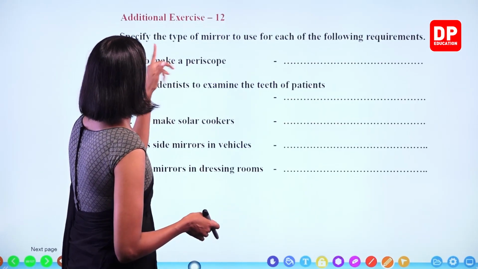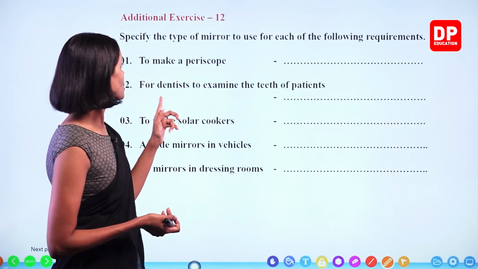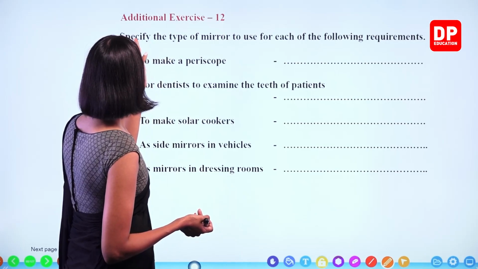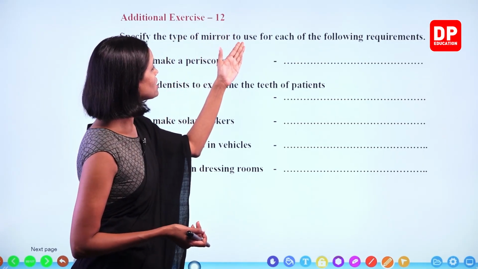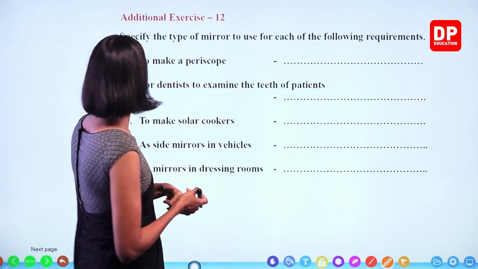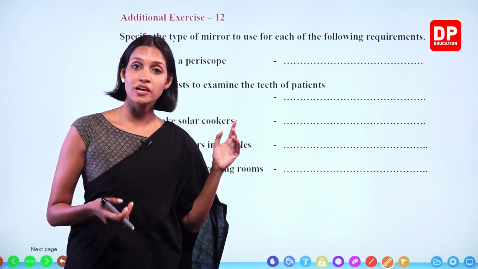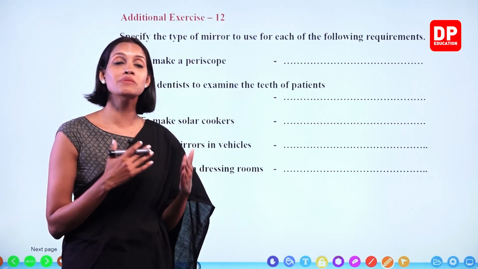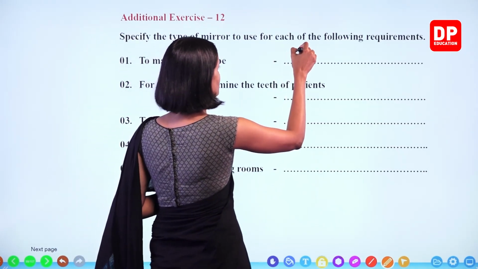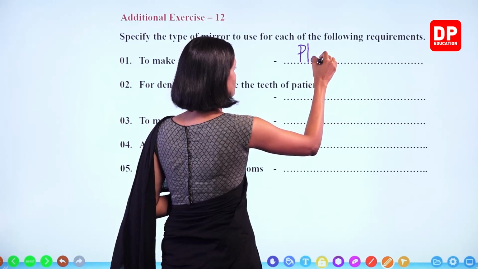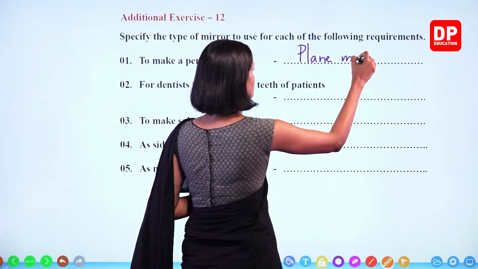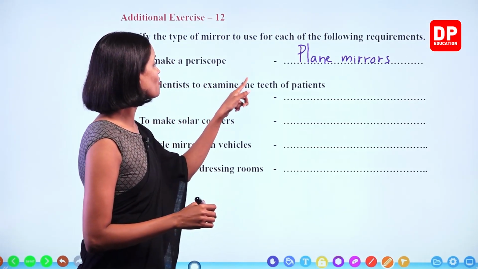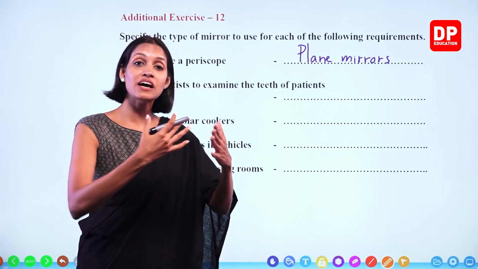Exercise 12. Specify the type of mirror used for each of the following requirements. To make a periscope, what type of mirrors were used, children? Two similar plane mirrors were used, right? Plane mirrors. For dentists to examine the teeth of patients, here you have to get a larger image.